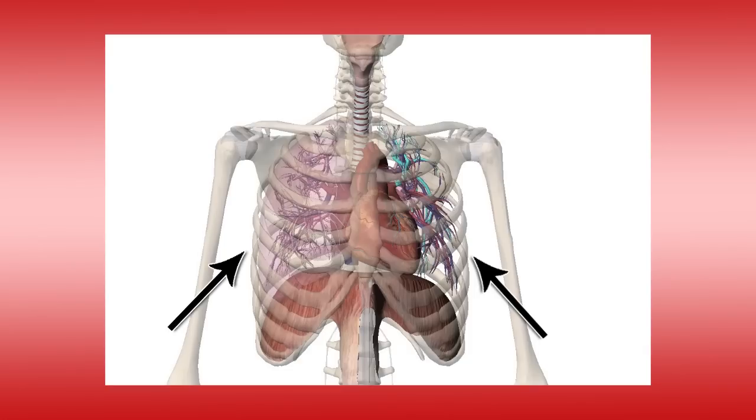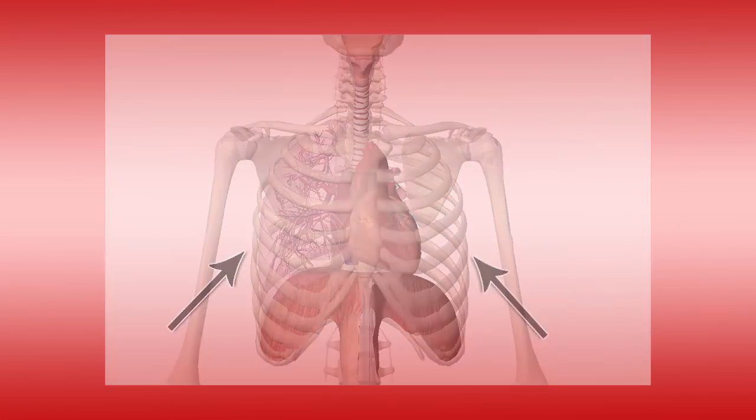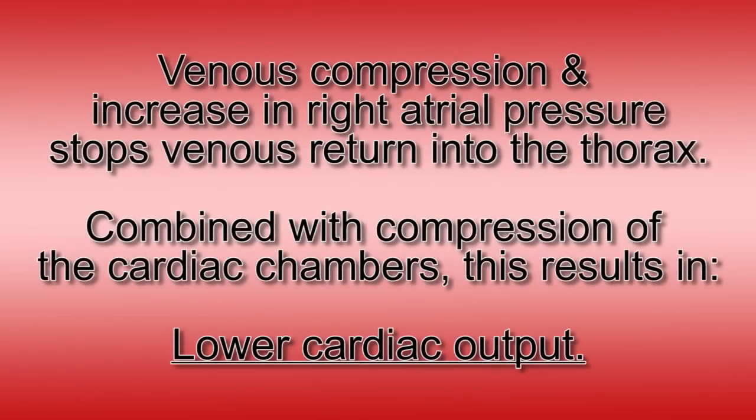This increased external pressure on the heart and thoracic blood vessels compresses the vessels and cardiac chambers. Venous compression and the accompanying large increase in the right atrial pressure impedes venous return into the thorax. This reduced venous return, along with compression of the cardiac chambers, reduces cardiac filling and preload, which leads to a fall in cardiac output.